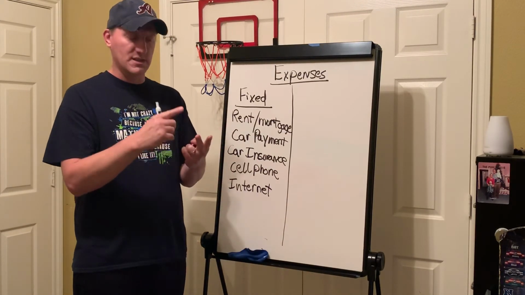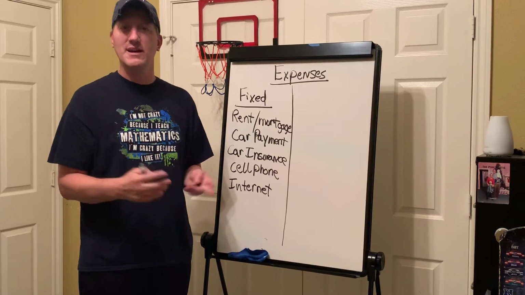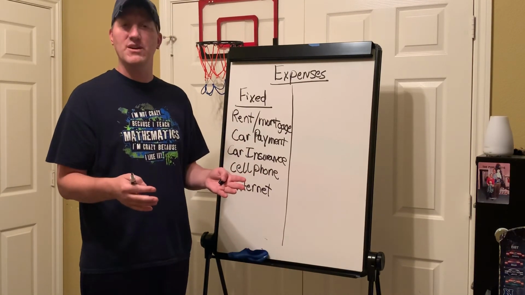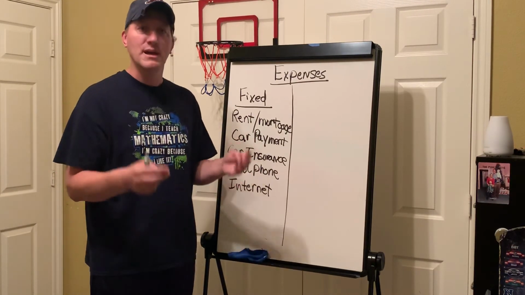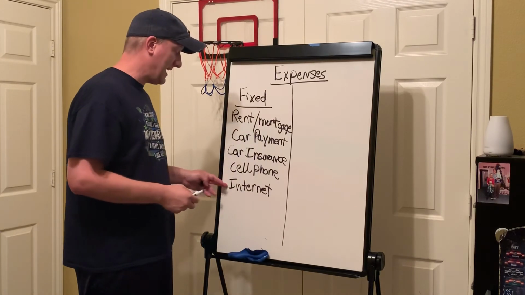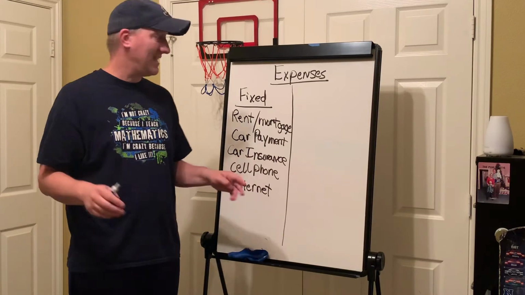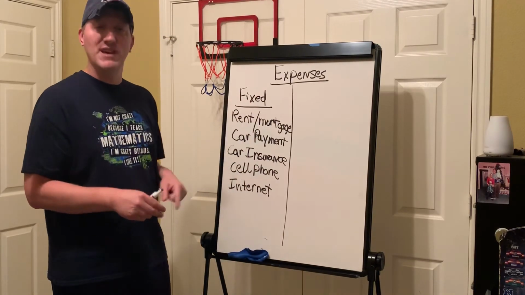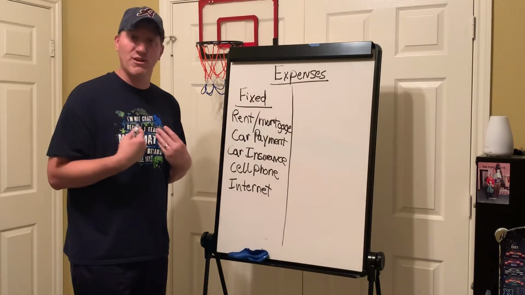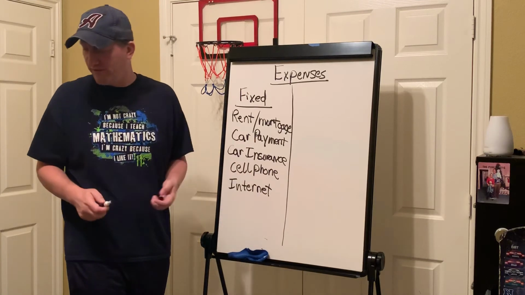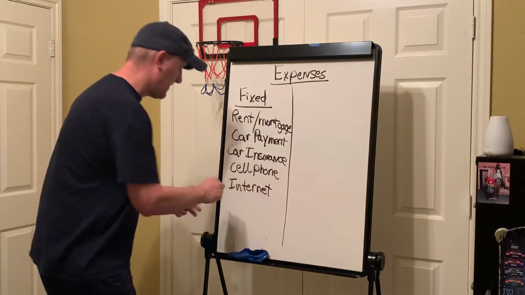My boys are using the internet a ton. We're pretty much on our computer all the time, or our cell phone. But our internet stays the same. It's not any different. It's fixed. So that's good for us. So we don't have to pay any more for all this internet we're using.